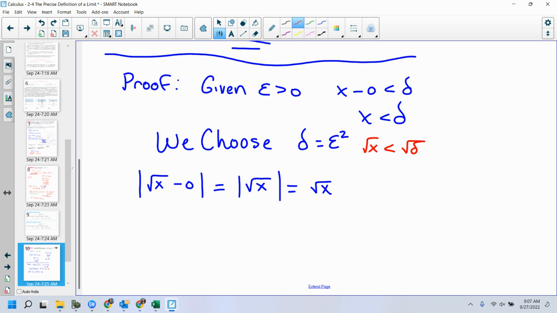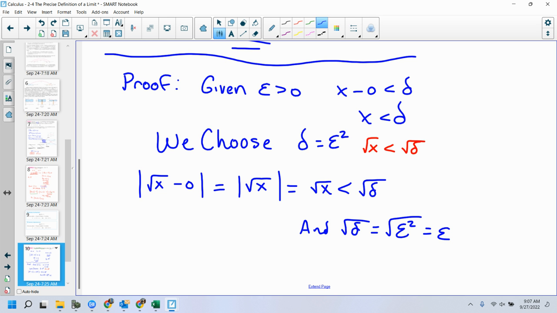So now we can say that it's less than the square root of delta. Well, what is delta? Epsilon squared. Since delta is equal to epsilon squared, the square root of delta is equal to the square root of epsilon squared, which is just epsilon.